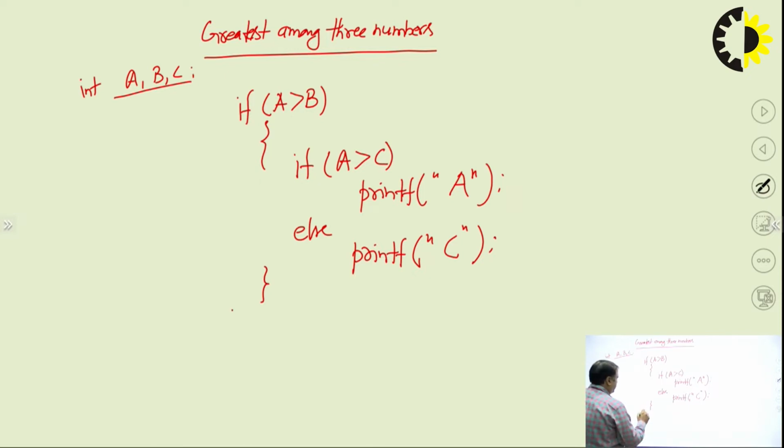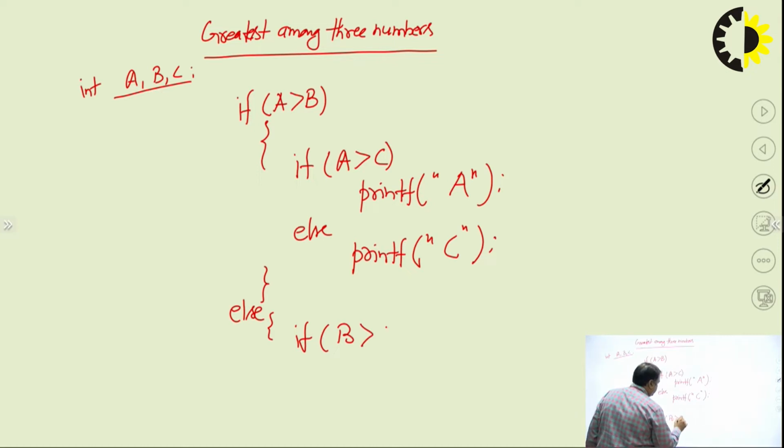Now, let us check in else. What is happening in else? Else means A is not greater than B. That means B is greater than A. So, again we will check if B is greater than C. In this situation, if B is greater than C and B is already greater than A, then B will be the greatest.